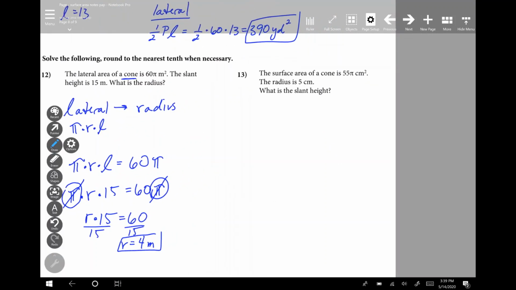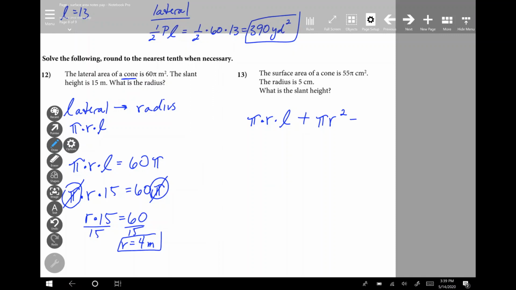Now here it says the surface area of a cone is 55 pi centimeters squared. So surface area of a cone. Remember, it's pi times r times L. That's the lateral. And then on a cone, we just have the one circle, so it's pi r squared.